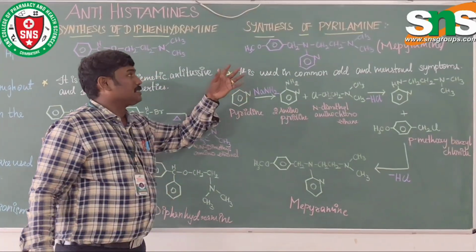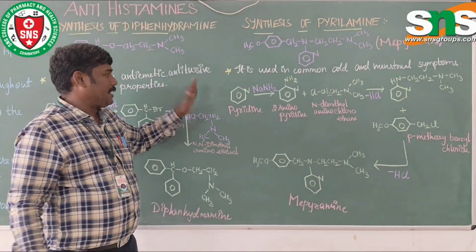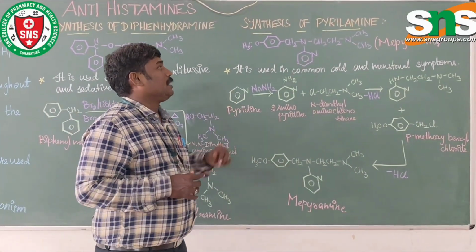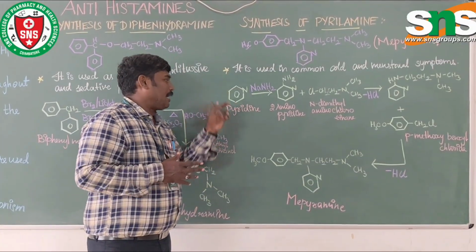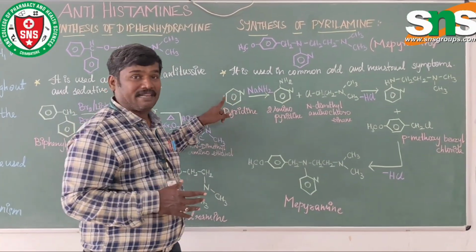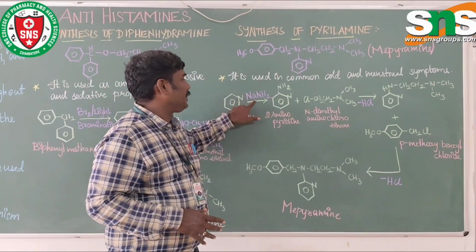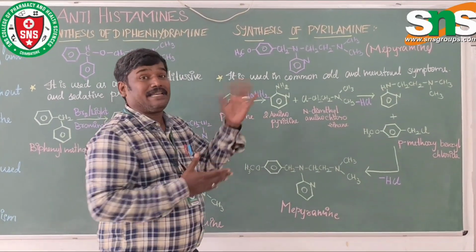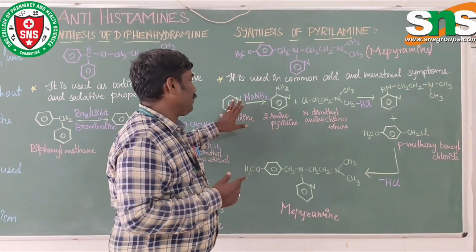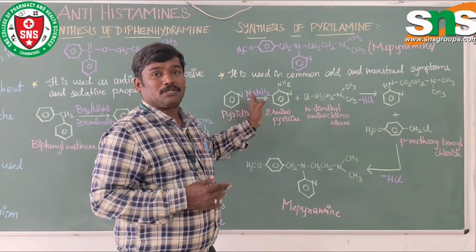Let us see the synthesis of metpyramine. What is the starting material of pyrilamine? As the name suggests, the starting material will be pyridine, which on treatment with sodamide, NaNH2, gives 2-amino pyridine. We have discussed the reactions of pyridine, and in that we might have studied that the amino group is attached at the second position.